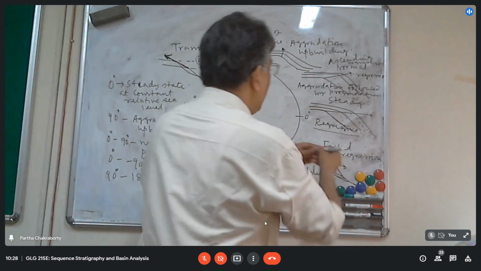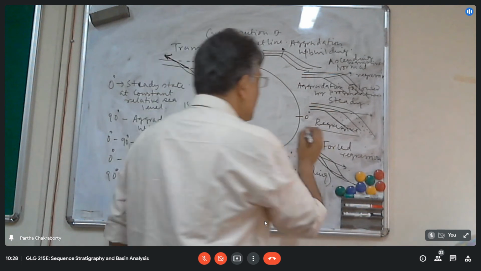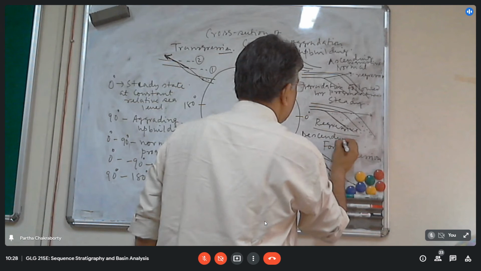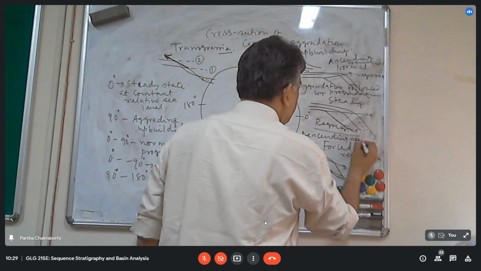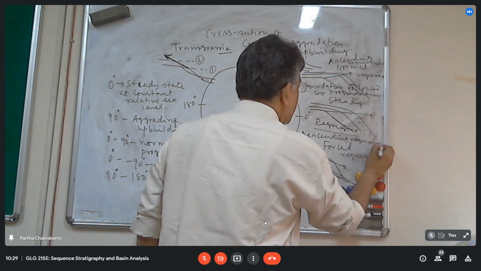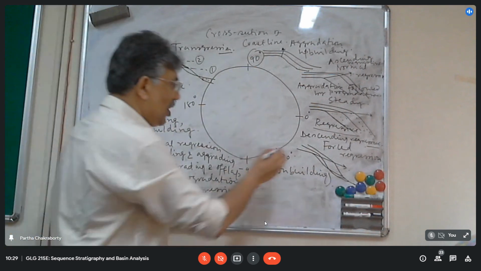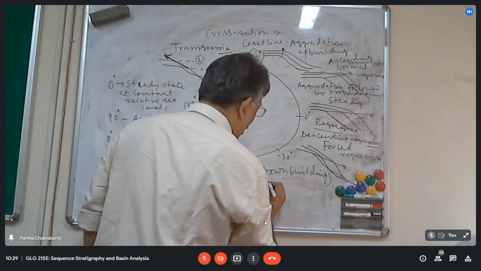Now what is happening in post regression? Post regression we call descending regress. This is ascending regressive. This is descending regressive. So I am drawing.